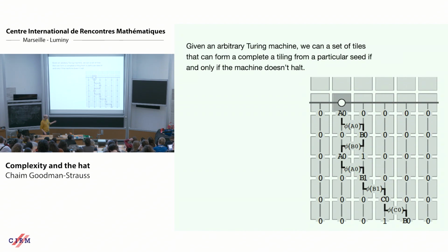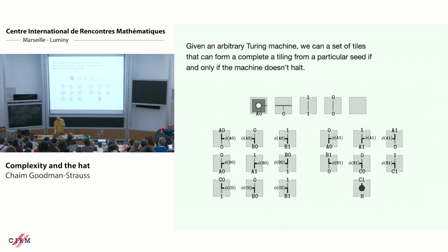This pair of tiles exactly captures that, and whether or not this is a legitimate run of the machine is completely encoded by what fits together. This is also from the last lecture.